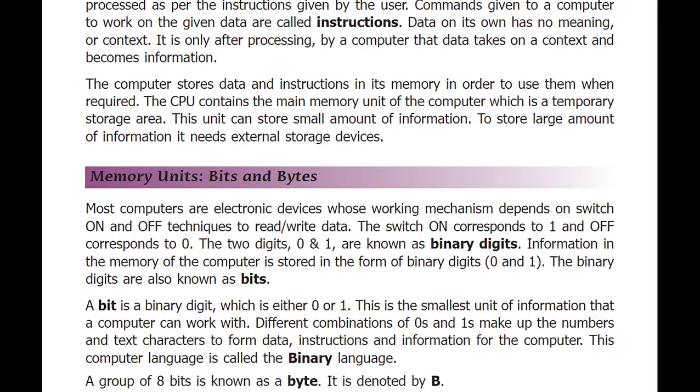So if I write something, say I write hello, it won't get stored as hello. Each letter, like H, gets internally converted into zeros and ones, which make different combinations.